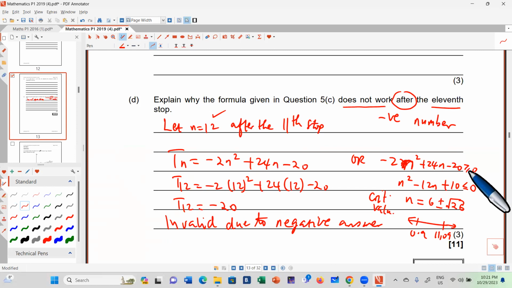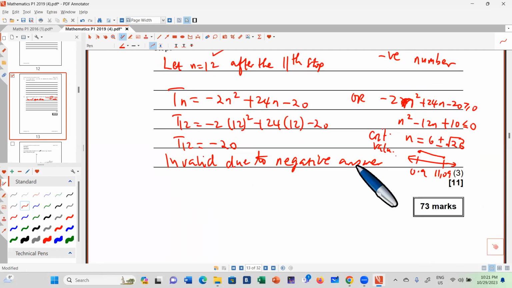Number of people: either you have 0 passengers or more than 0 passengers. If you draw this, it's going to have a number line like this, or you can look at the graph we are used to. It's going to have a minimum vertex because the coefficient of the quadratic term is positive. Using the quadratic formula to solve for n, you have 6 minus the square root of 26, and 6 plus the square root of 26.